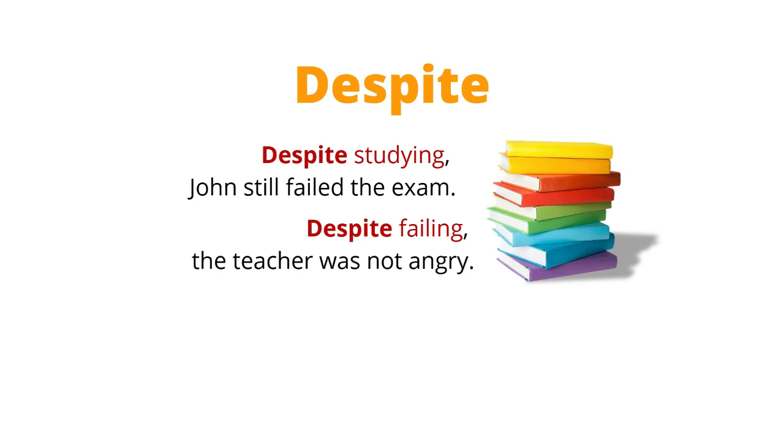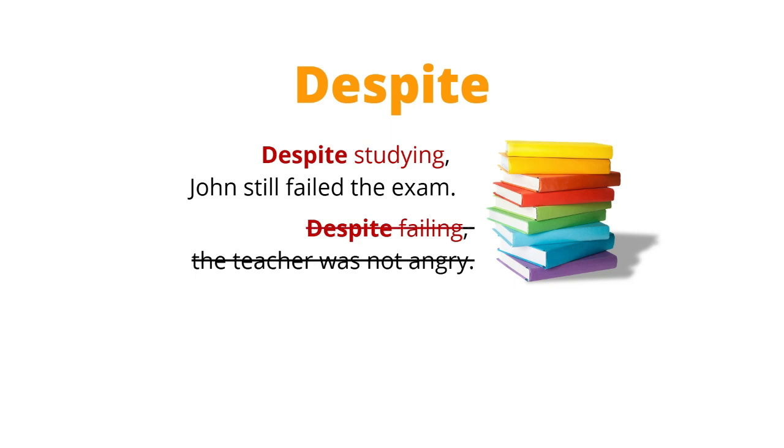We might know that it's John we're talking about, but anyone else might come to this sentence and see, despite failing, the teacher was not angry. And it looks like the teacher failed, okay, because there's no one else in the sentence, and we might presume, as in the first sentence, we presume it was John who was doing the studying. We might presume in the second sentence that it was the teacher that failed. So that's an ambiguous sentence, and it is best avoided.